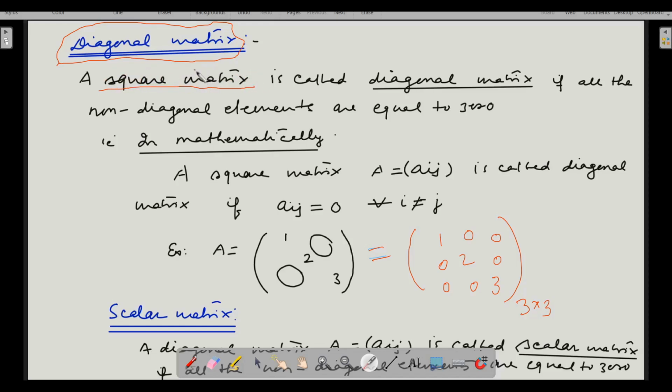Only then it will be called a diagonal matrix. If it is not a square matrix, then it cannot be defined as a diagonal matrix, because determining the diagonal is possible only in the case of a square matrix.